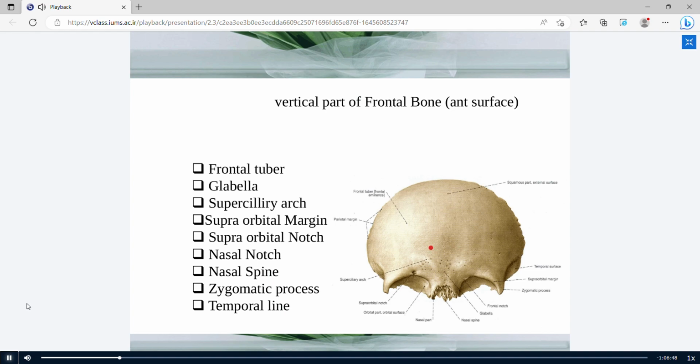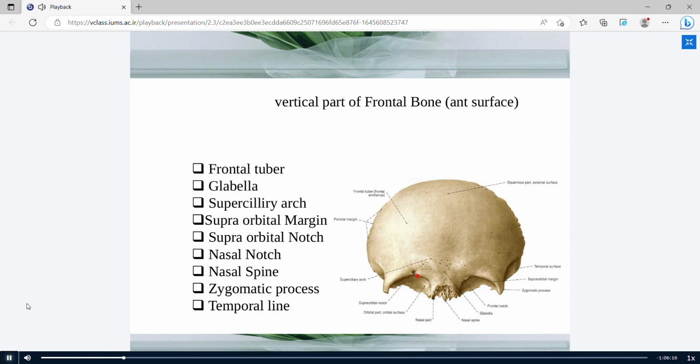On the external surface of the vertical part, you can see a supraorbital margin. This is the supraorbital margin. The supraorbital margin starts from the nasal notch, this is the nasal notch, and terminates at the zygomatic process. This is the zygomatic process.